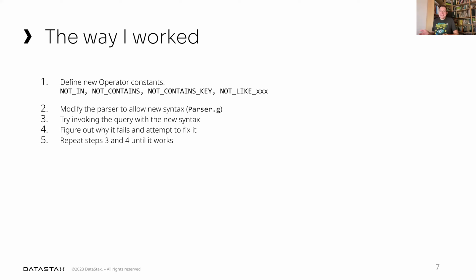It complained that it cannot support not contains or not in in some places, or sometimes it didn't complain but actually returned an incorrect result set. So with every failure, I looked at what could be the direct reason, learned that code, fixed it, and retried. Then it would break a few steps further, until it all worked. Eventually I got to the bottom of the query processing pipeline, and this way I made all operators work.